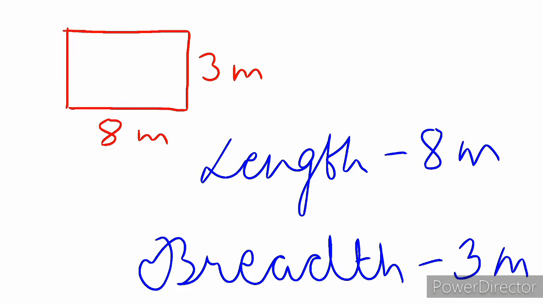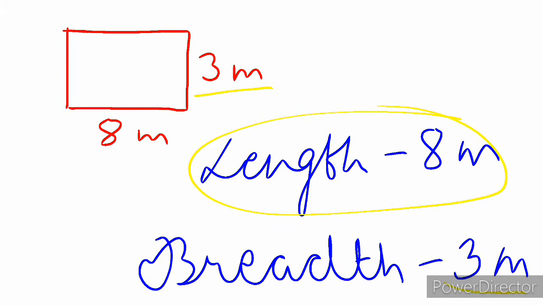According to the question, we have here a figure that has 3 meter as the breadth and 8 meter as the length, right? So how will we solve this question?